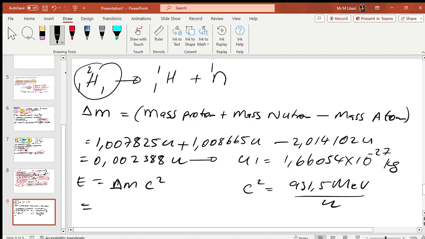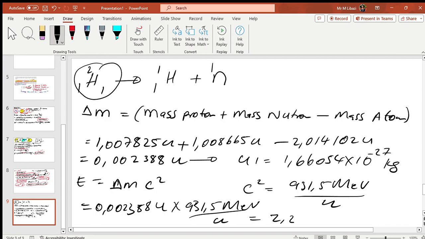Our mass we've already found to be 0.002388 u, multiplied by 931.5 mega electron volts over u. Then we can find our final answer, and I get 2.22 mega electron volts. So that's the answer that I get there.